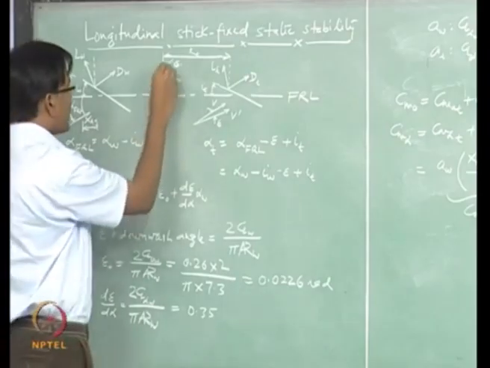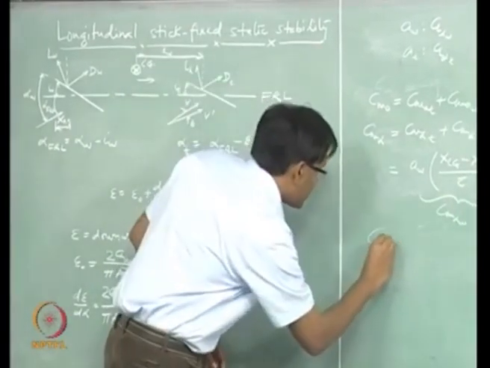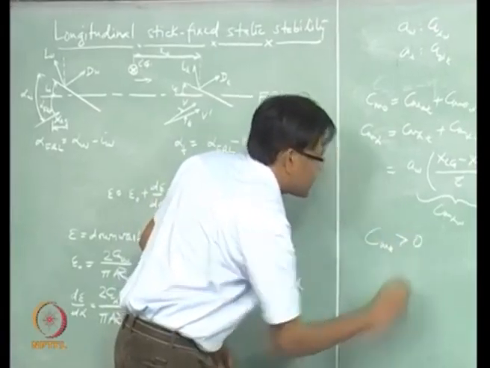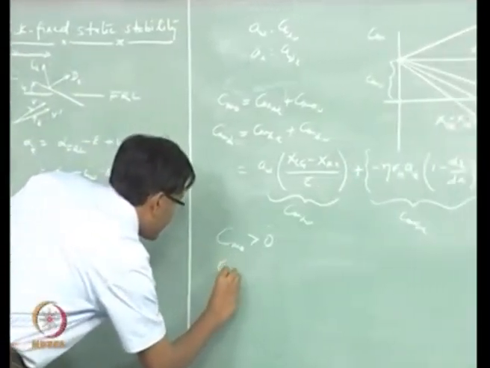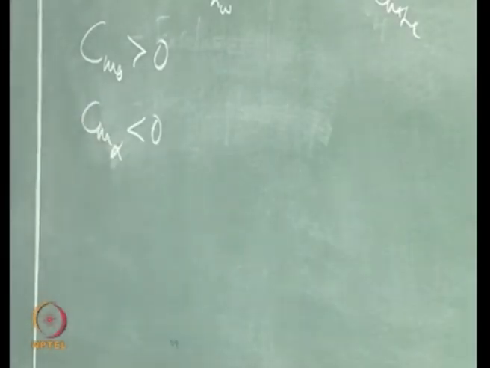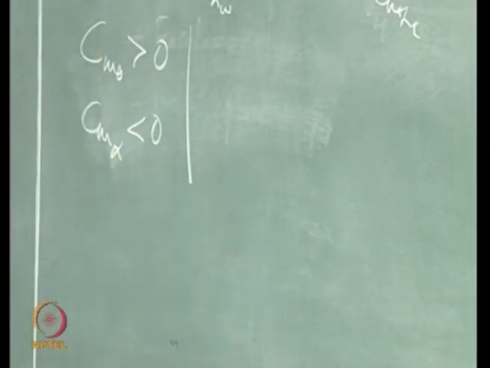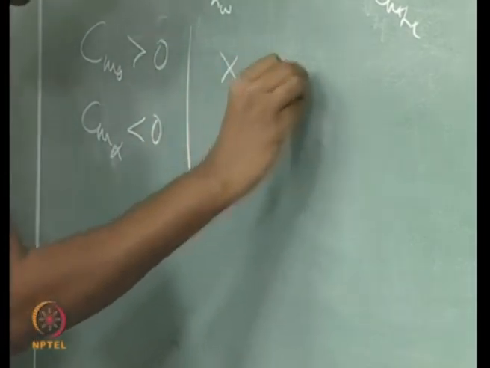So, that will be another criterion, okay. So, we already have two conditions that have to be met. CM naught should be positive, and this slope should be negative. On top of that, you should have your CG ahead of the neutral point, right. So, XCG must be less than XNP.